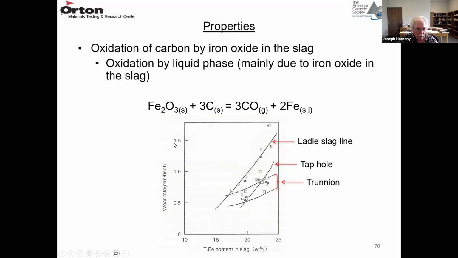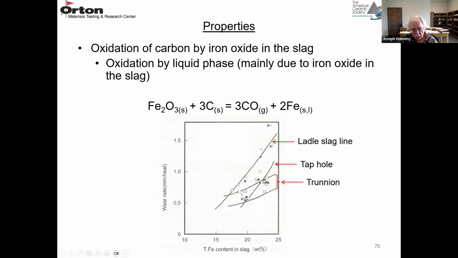So this is wear rate versus Fe2O3 content in the slag. So the wear rate is in millimeters per heat, and then the Fe2O3 content is in weight percent up to 25.